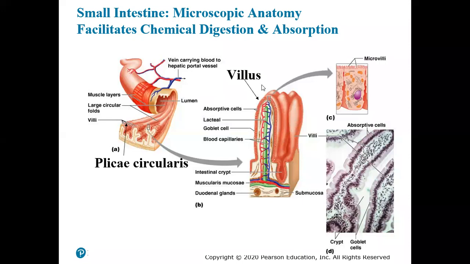A villus or villi are the arrangement of the mucosa. And so they arrange in these finger-like projections. And each villus is going to have capillaries and a lacteal, which we'll talk about when we get to absorption. We'll also talk about intestinal crypts when we get to absorption.